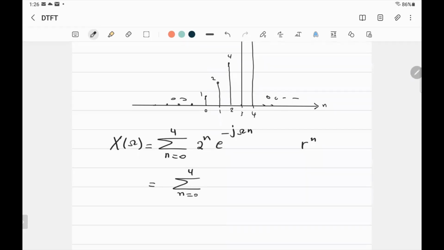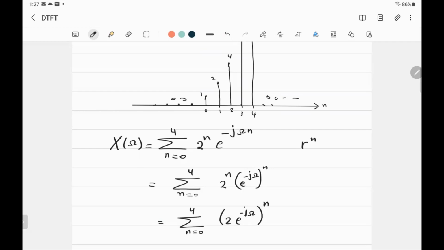Okay, I have 2 to the power n, and e to the minus j omega times n. I can make it power n like that, right? And then I put them together in one package, and they make it power n: 2 times e to the minus j omega, the whole power n, right?